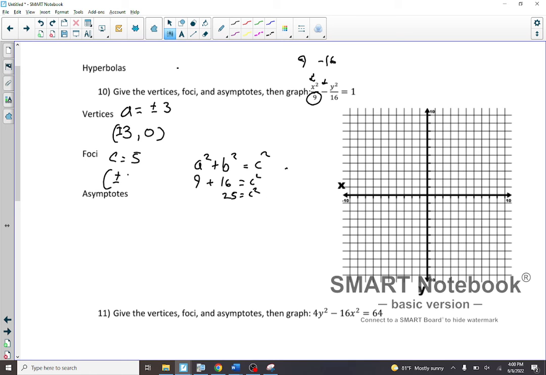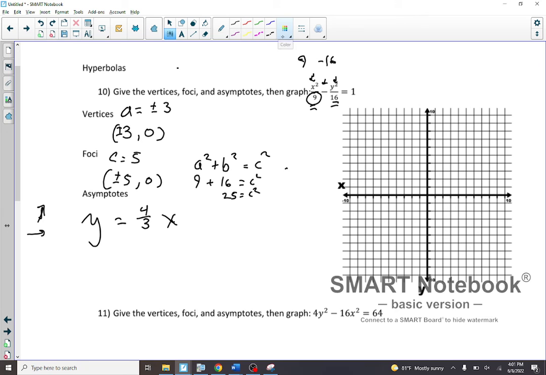So that'll be plus or minus 5, comma 0. Your asymptotes, it's going to be y equals some slope x, but in this case, you need your y value over your x value. So in this case, it is going to be 4 over 3, the square root of these numbers. So the square root of 16 is 4, and that's the y value, so it goes on top because it's rise over run, while 3 is on the bottom.